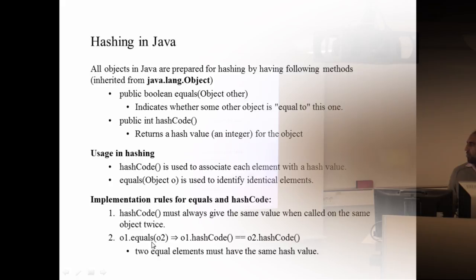And the other rule is that if two objects are equal, if O1 is equal to O2, then the hash code of O1 must be equal to the hash code of O2. But on the other hand, if two objects have the same hash code, it doesn't necessarily mean that the two objects are equal. Okay, understand? According to Java's rules, if two objects are equal, they must have the same hash code.